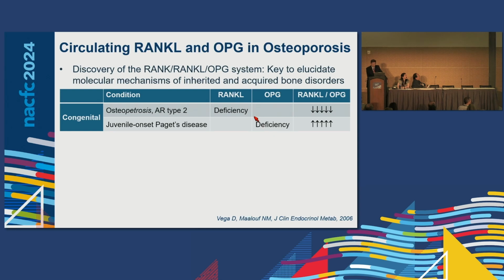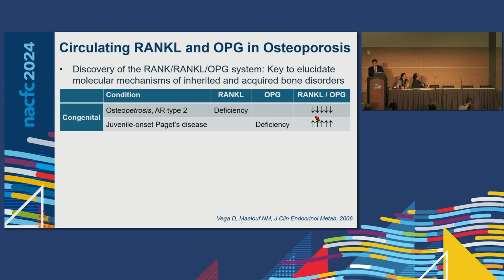And so one can understand why, if you don't have this bad actor that drives your osteoclastogenesis, you cannot break down bones and you develop osteopetrosis. Whereas if you have no OPG, RANK ligand acts unabated to cause bone resorption.